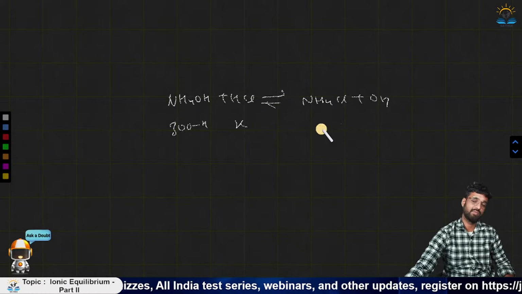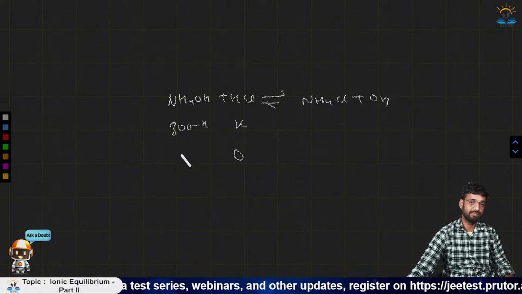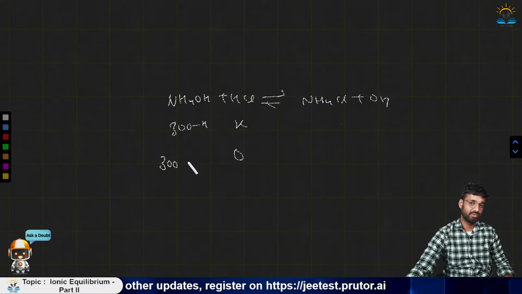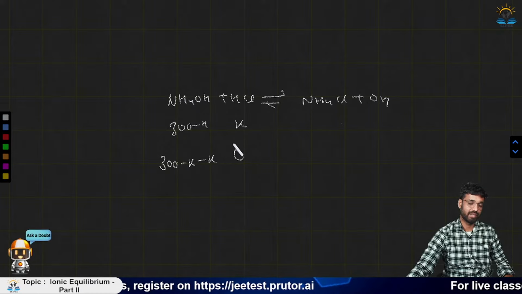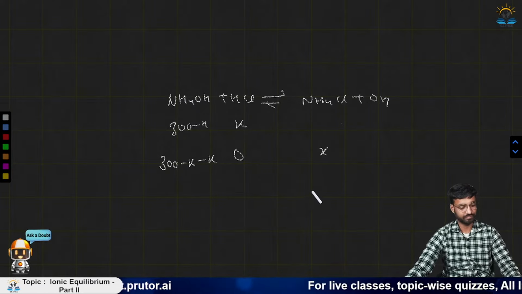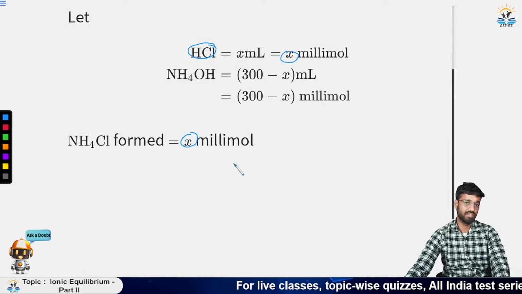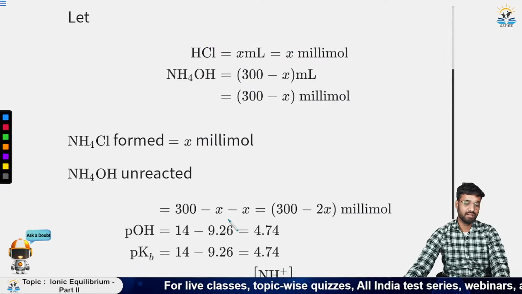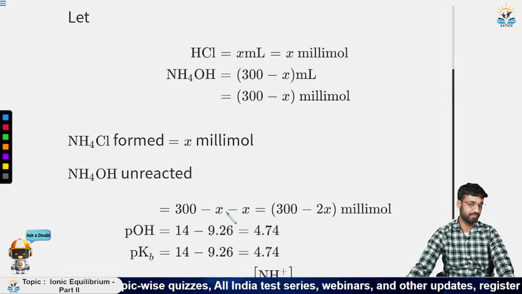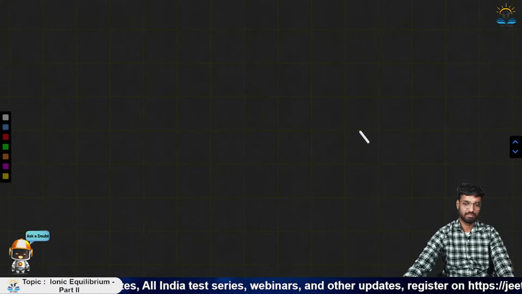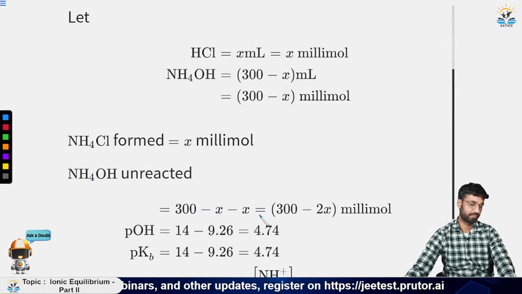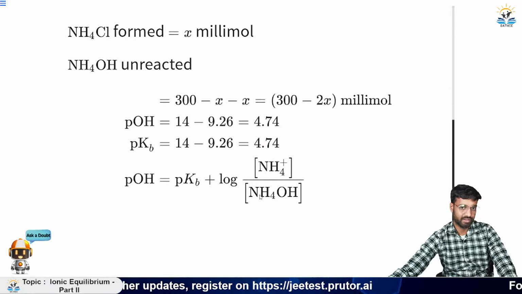Okay, so at equilibrium, all of these have reacted, and 1 mole will react with 1 mole, so 300 minus X will be reduced from this, and we will get X of NH4Cl. So X millimole of NH4Cl. Similarly, what is the concentration of NH4OH that is left? I have said it earlier also here. So it will be 300 minus X, that will be 300 minus 2X.